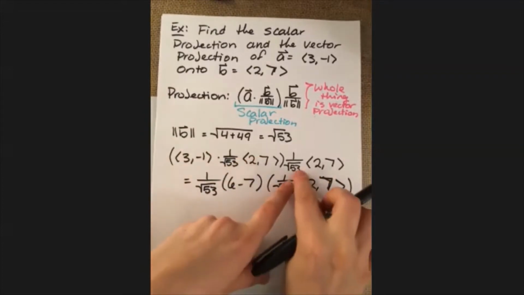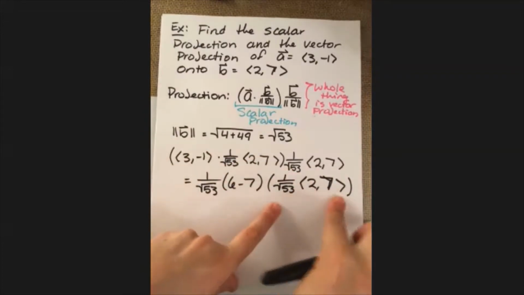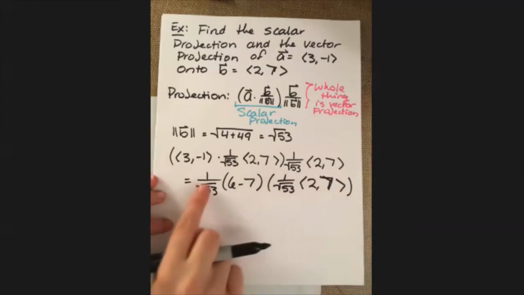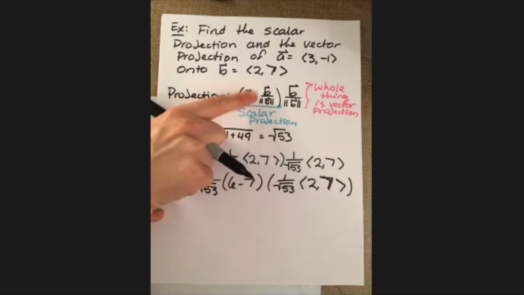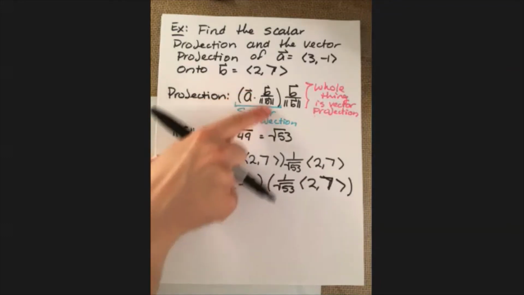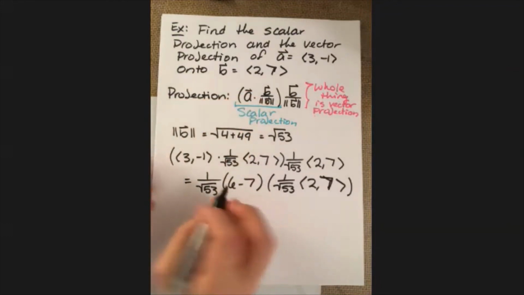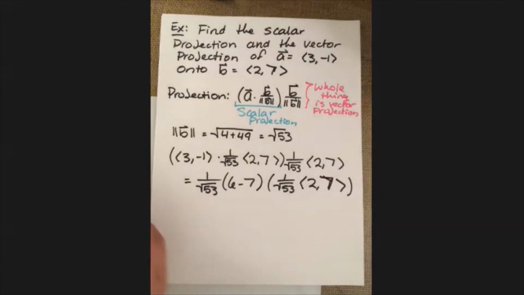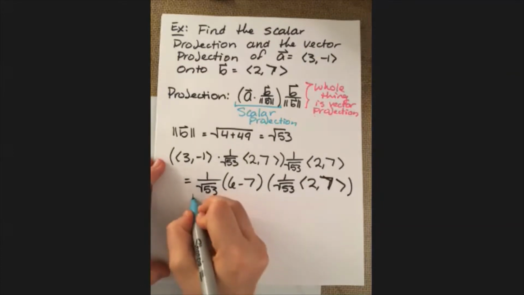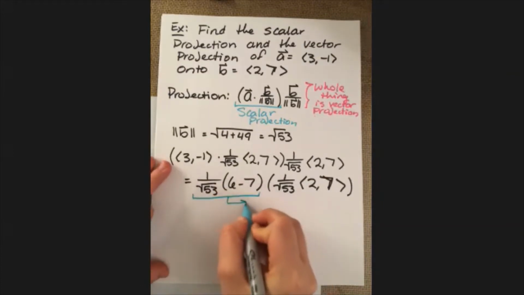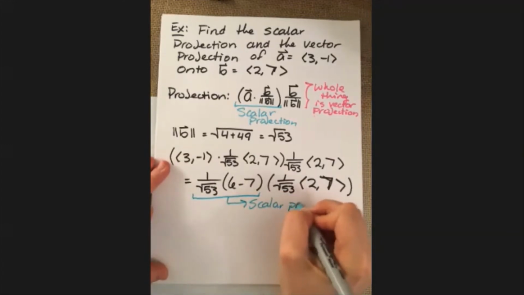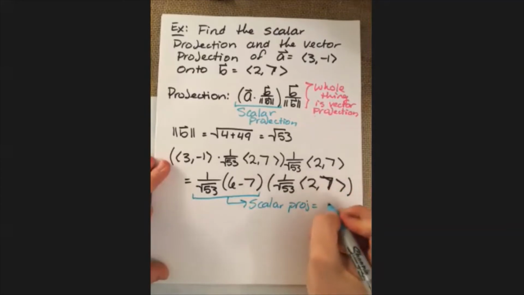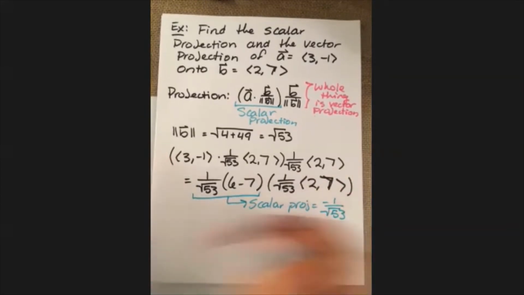Notice that I'm keeping this root 53 separate, tied to the vector B and away from this root 53, and that's because the scalar projection only includes one of those normalized vectors B. So this piece right here with one of the root 53s is our scalar projection, and that is just equal to -1 over root 53.